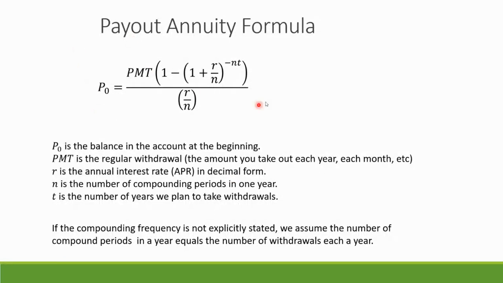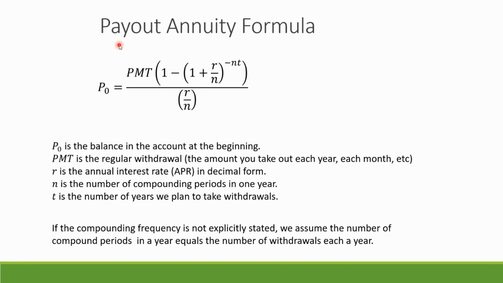It's a little bit different, as you can see. P sub 0 is the balance in the account at the beginning.